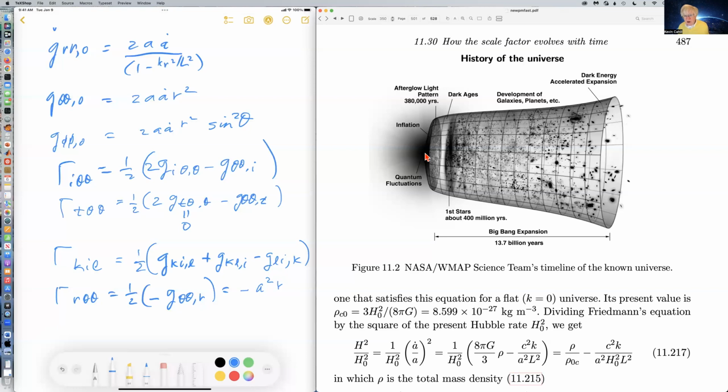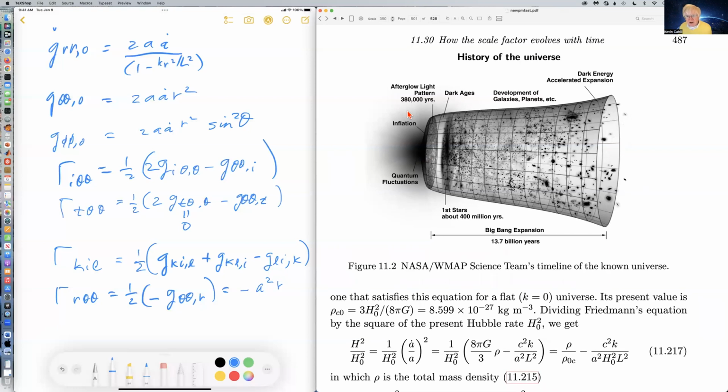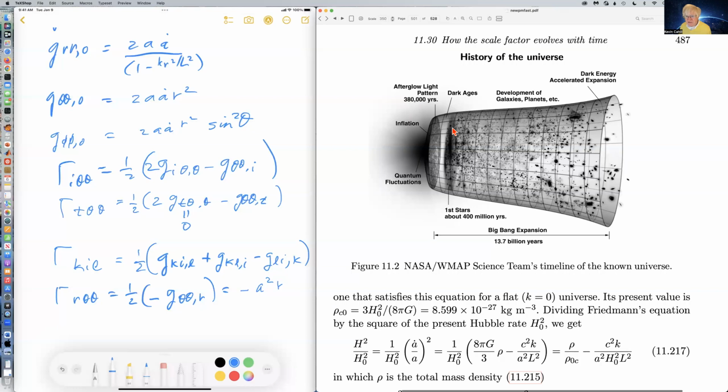What we do know is the universe was super hot. It was so hot for 380,000 years that most of the hydrogen was ionized, and it was only after that hydrogen became atomic hydrogen as opposed to protons and electrons that the universe became transparent. So the moment of transparency was 380,000 years after the Big Bang. Then there was a period before the hydrogen collapsed gravitationally enough to form stars.